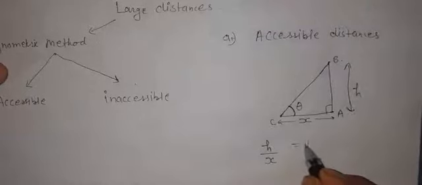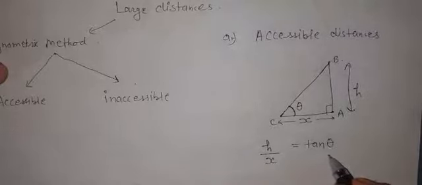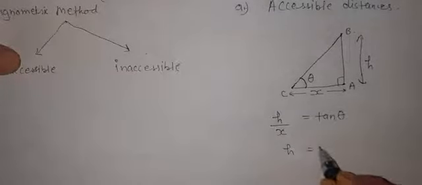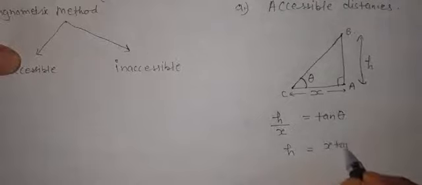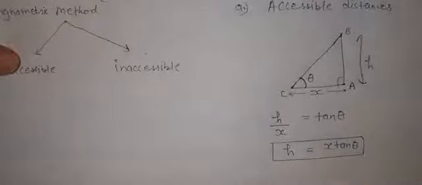So it will be perpendicular upon base, which is the trigonometric function tan theta. Thus I will have x into tan theta, which is equal to the height of the mountain.